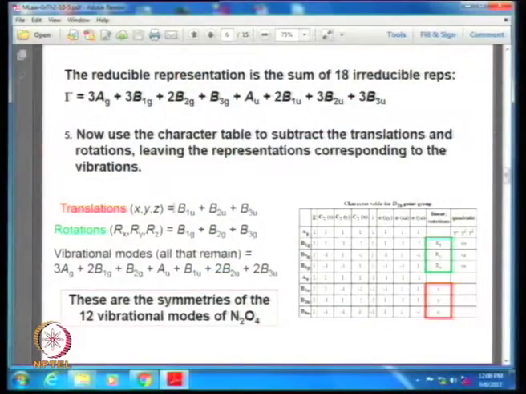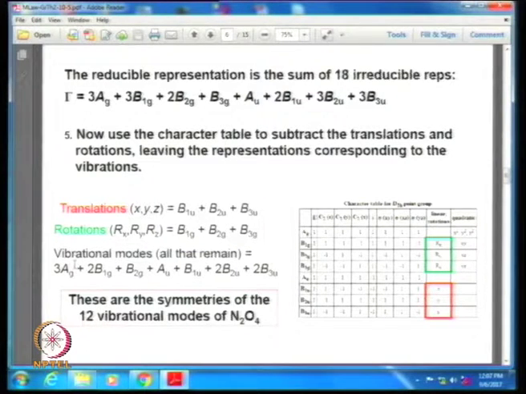But these 6 are essentially to be removed once. Translations will contain each of these once, and rotations of the bulk molecule will contain each of the B1g, B2g, B3g once. So we remove one out of these. B1u is here, it has weightage 2 here, we knock one of them off and we are left with 1 B1u.